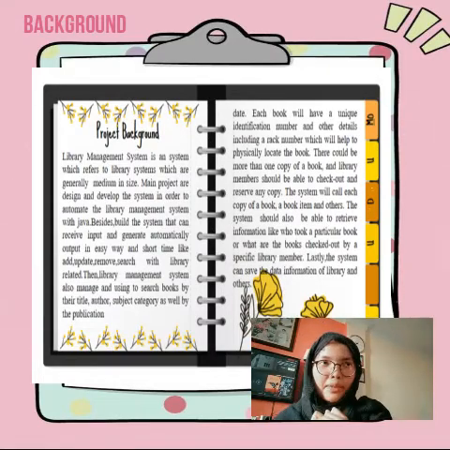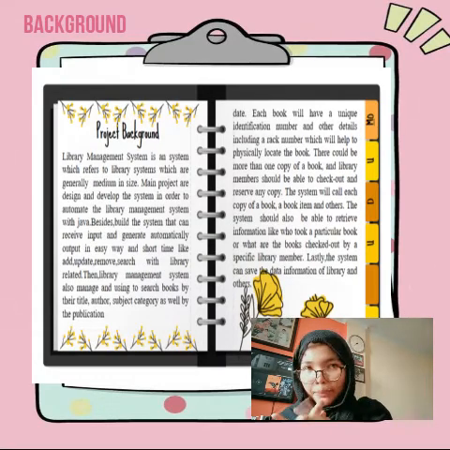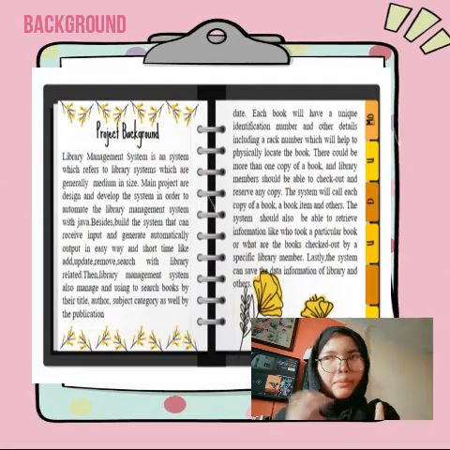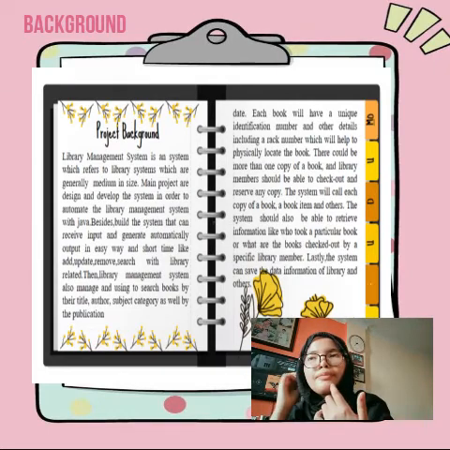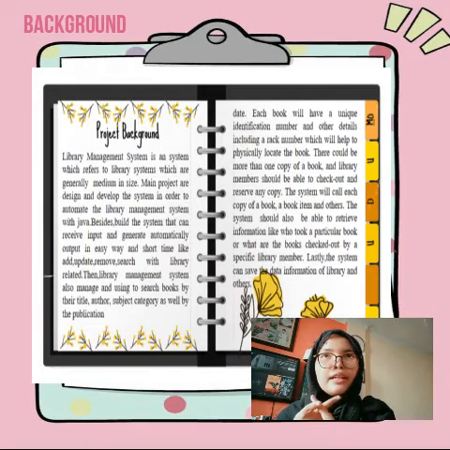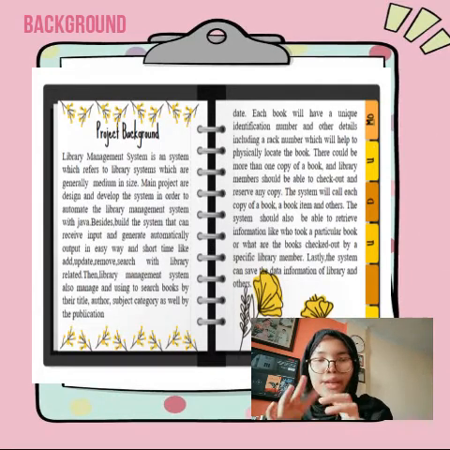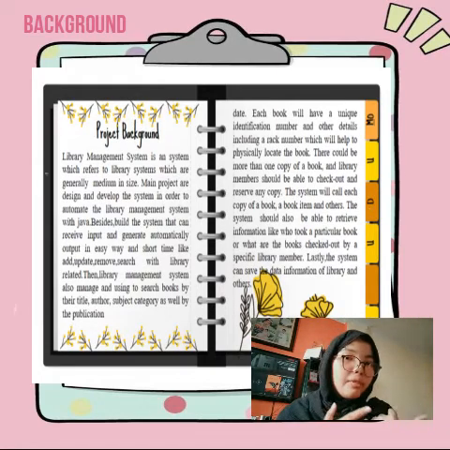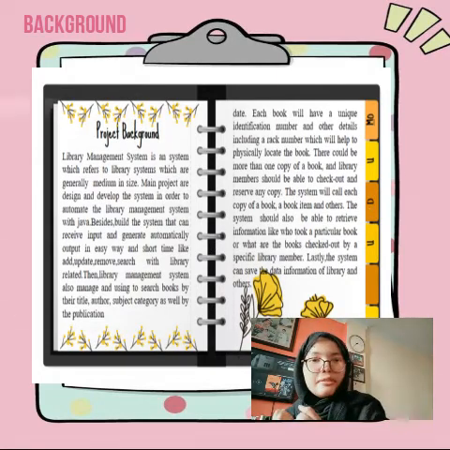This system can be used by a library member and also a librarian. And the person who handles the system is the admin of the library. Each member and each librarian will have their own ID card number which identifies who is who.